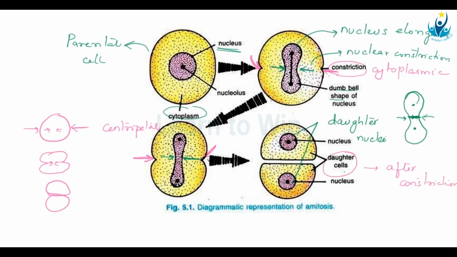So this is amitosis. If you look at this diagram very clearly, there is no spindle fiber formation anywhere. There is no condensation of the chromosomes. The division of the nucleus is happening within the nuclear membrane, followed by the cell division. That's why this is called amitosis.